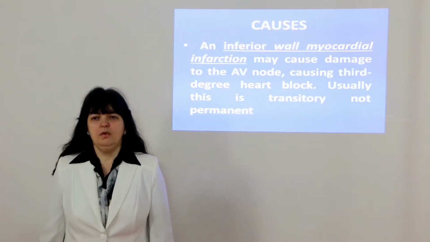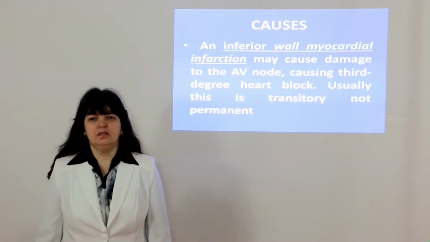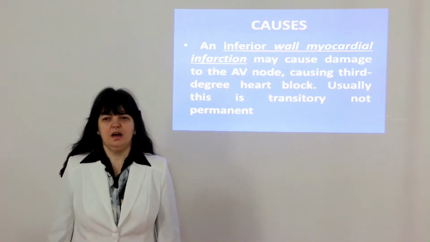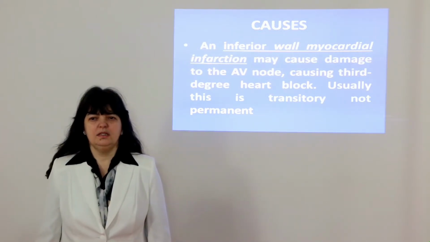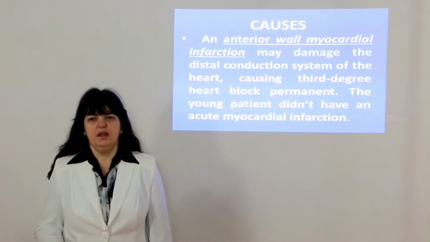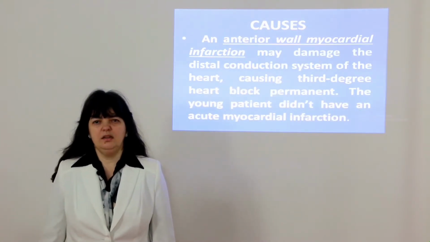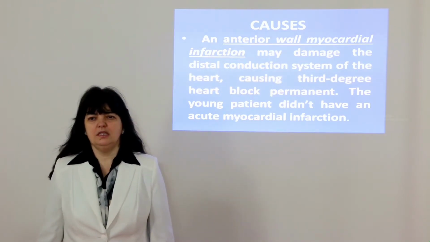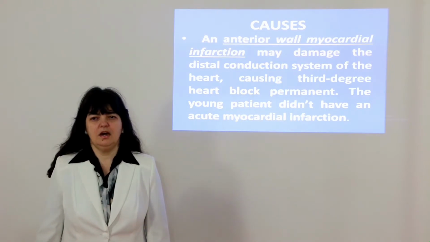An inferior wall myocardial infarction may cause damage of the AV node, causing a third-degree heart block, and usually this is a transitory third-degree AV block, not permanent. As well, an anterior wall myocardial infarction may damage the distal conduction system of the heart, causing a permanent third-degree heart block.